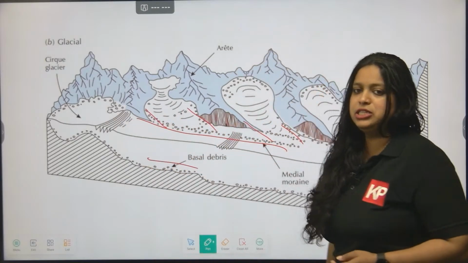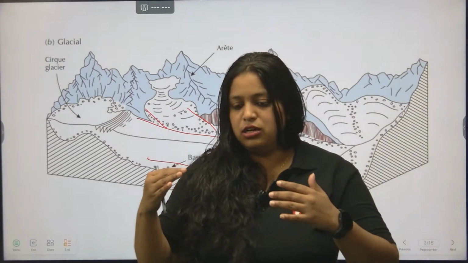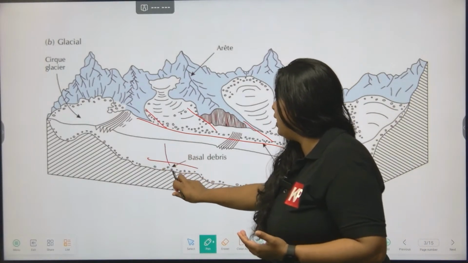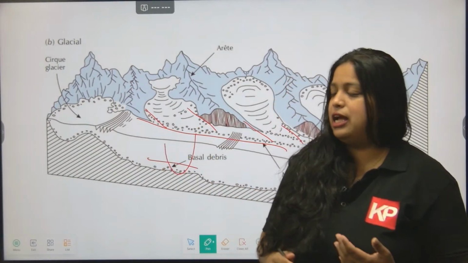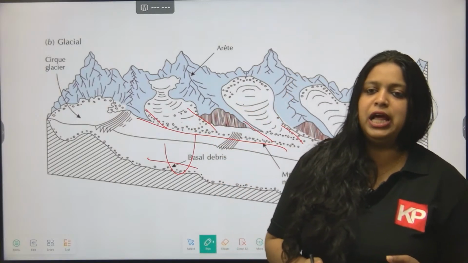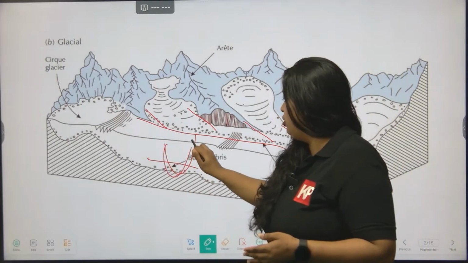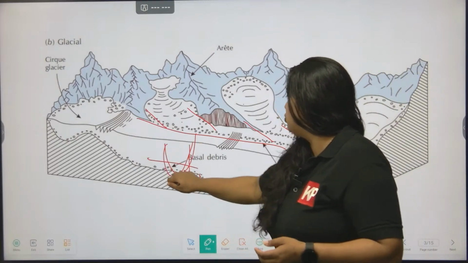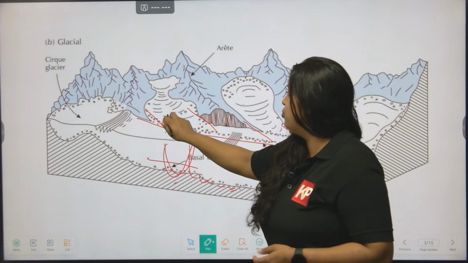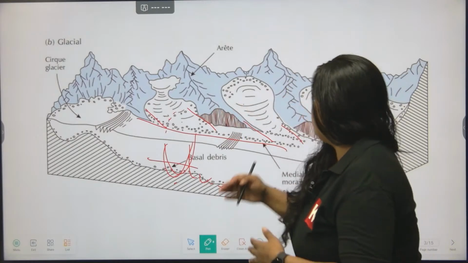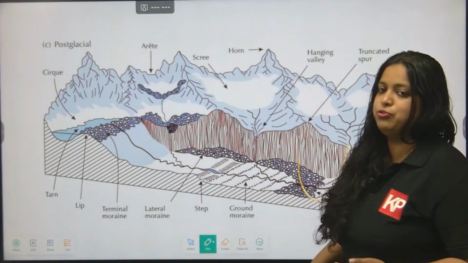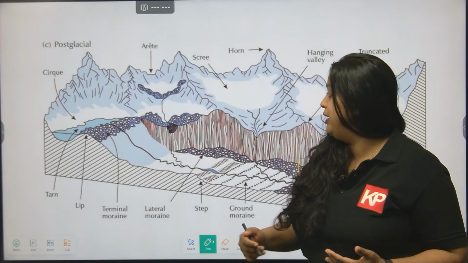When abrasion happens, the abrasion rate will be higher in the major trunk valley and lower in the tributary valleys. So what will happen with time? More abrasion of the bedrock will take place in the trunk valley, but comparatively lesser abrasion will happen in the tributary valleys.